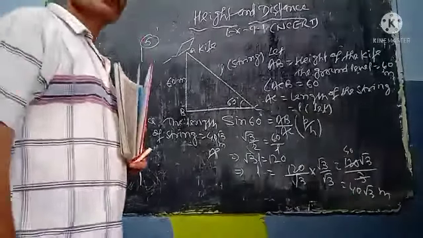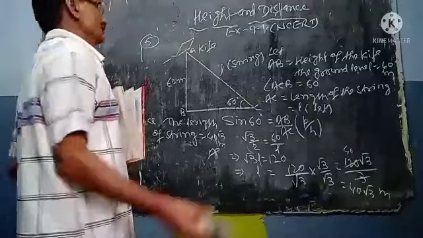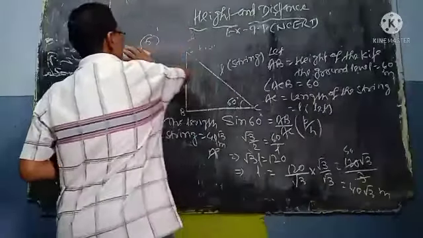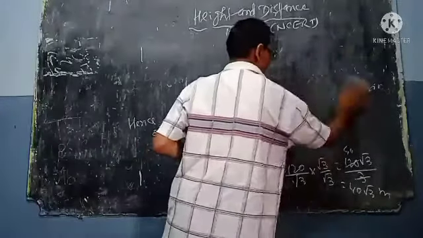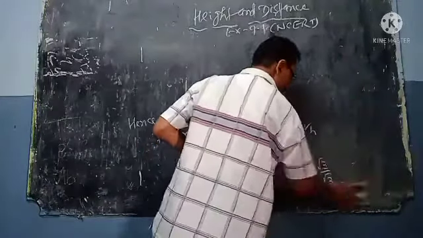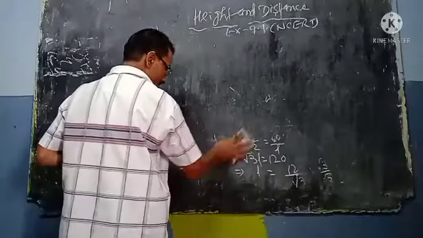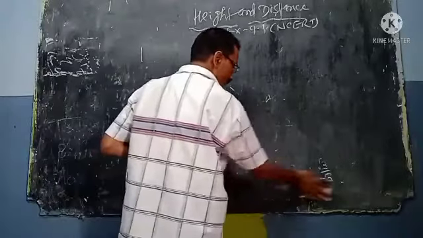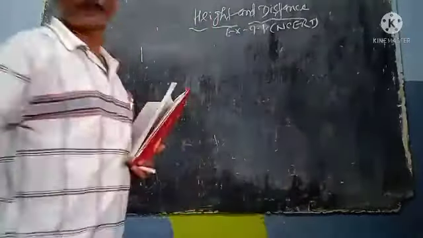Now question number 6, our next question is that a 1.5 meter tall boy is standing on the opposite side of it, looking at the top of the building.